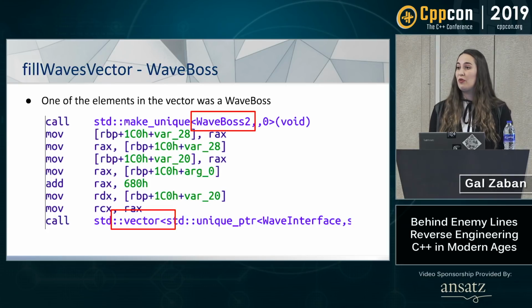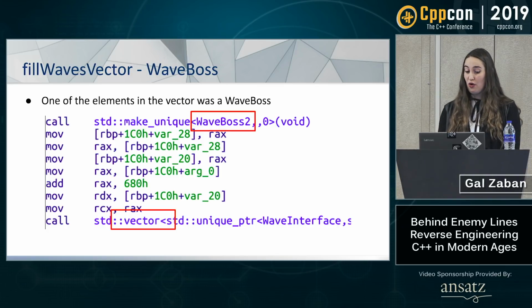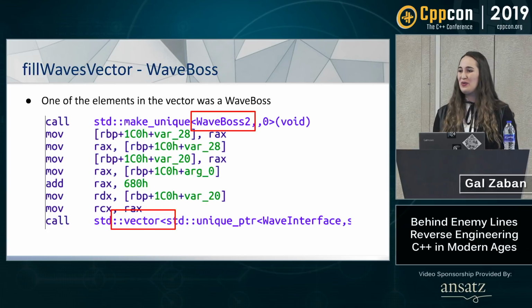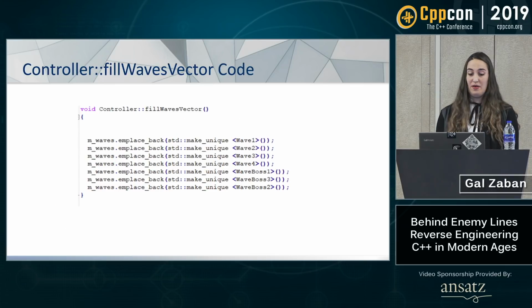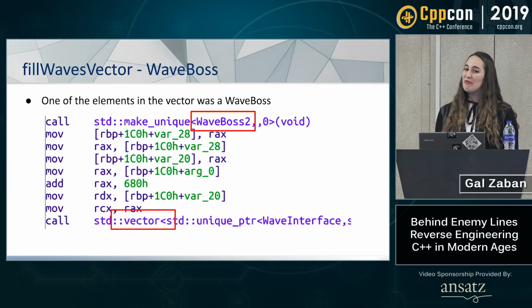Okay, so what more did we have? After looking more at this fill waves vector function, I could see that there is a wave boss call. So it means that one of the elements in the vector was a wave boss class. Wave boss is quite important for us because what we wanted in the beginning is winning the game.